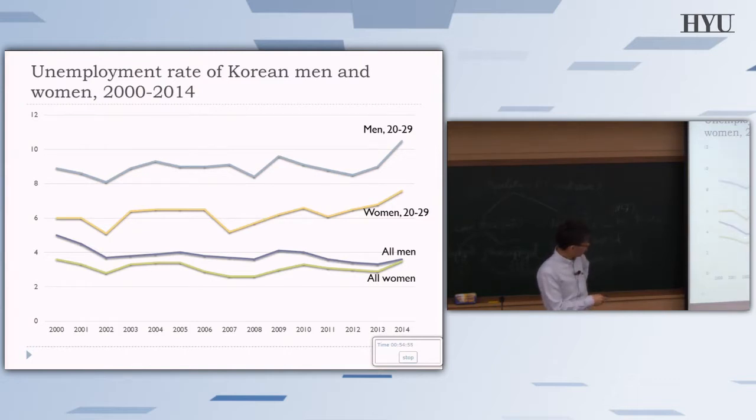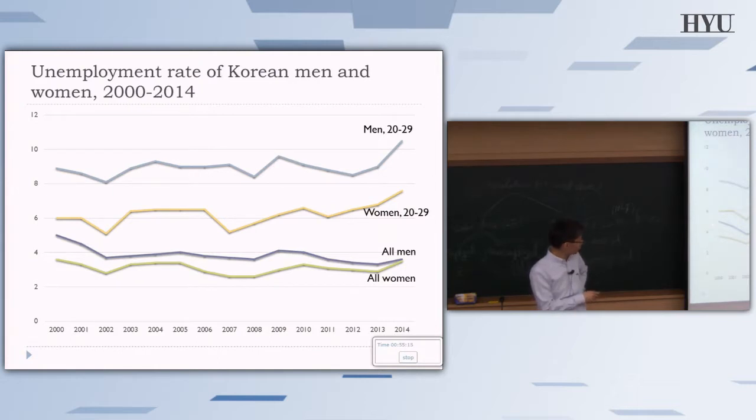Let's look at all men. In Korea's case, it's quite stable for the whole of the 2000s, around 4%. Now it's actually a little below 4%, like 3.8, 3.6.